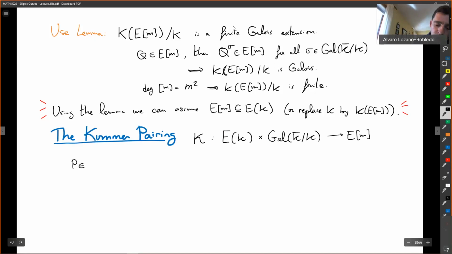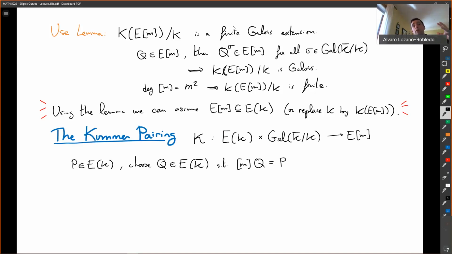So for a point P over K, we're going to choose a point Q over K bar such that multiplication by M times Q gives you P. Remember that the M map is a morphism that is not constant, so it's surjective.